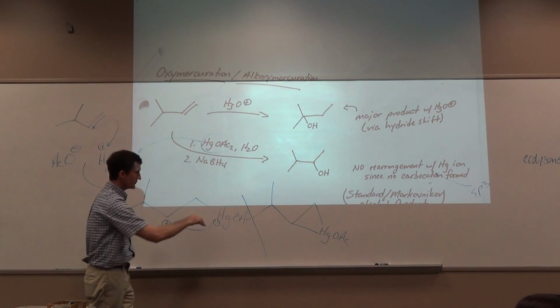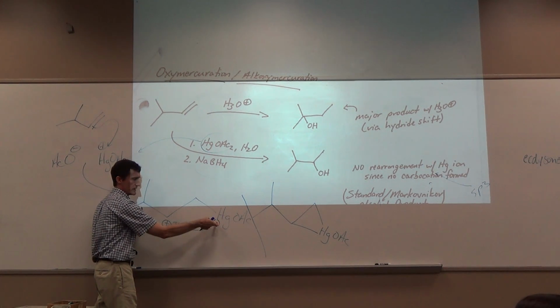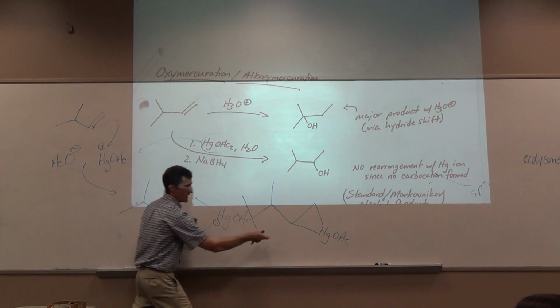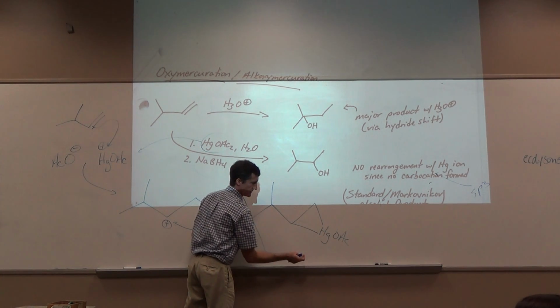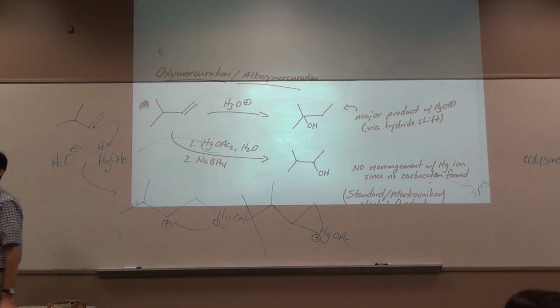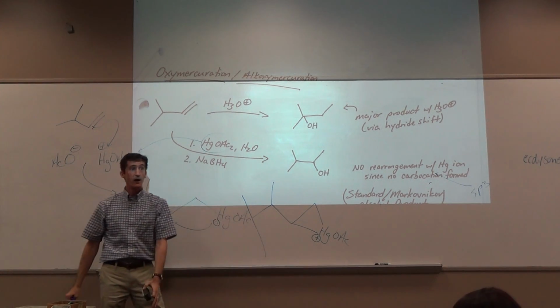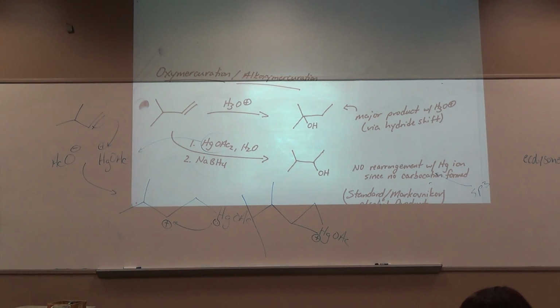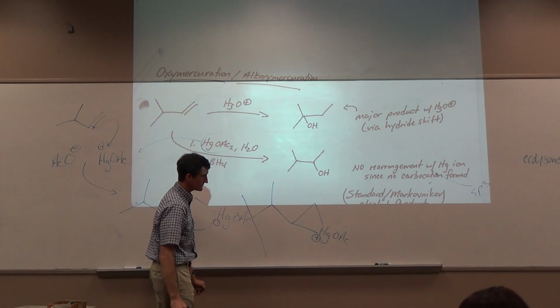Now it's hard to keep track of charge, but here the mercury owns the 2 electrons and it's neutral. Now the mercury only owns 1, so it owns 1 less electron. What charge do you think should be here? Plus. We've got a bridge with a mercury plus. That looks a lot like a bridge with a bromine plus, a bromonium ion. What do you want to call this? A mercuronium ion, a bridged mercuronium ion.